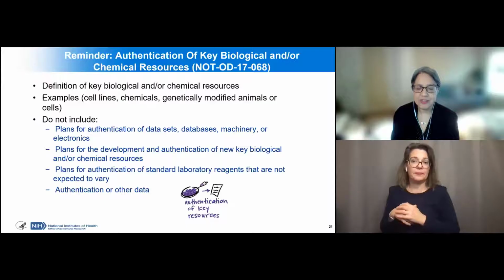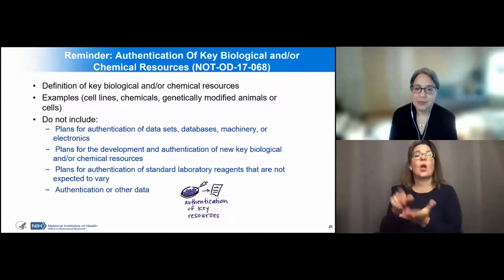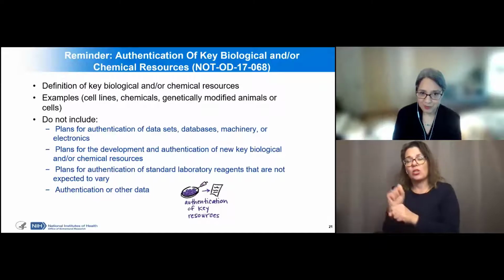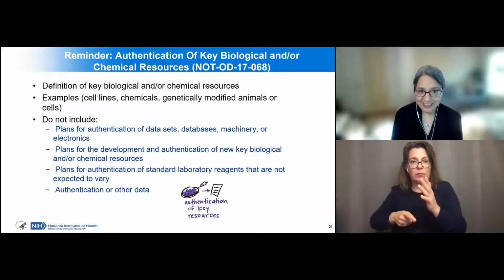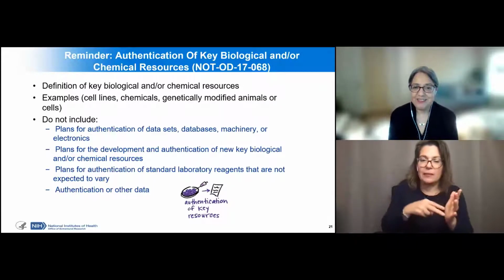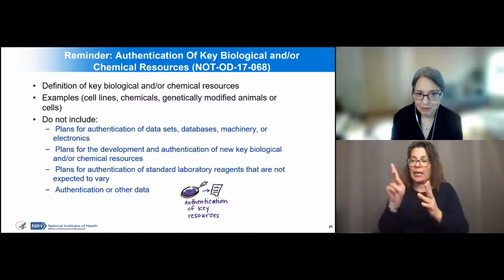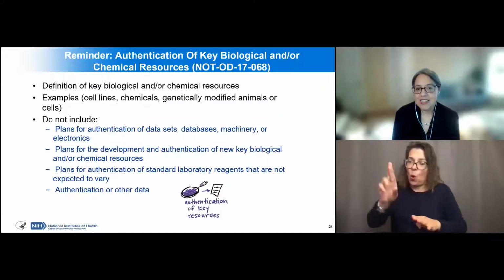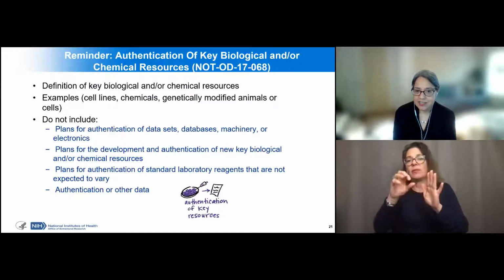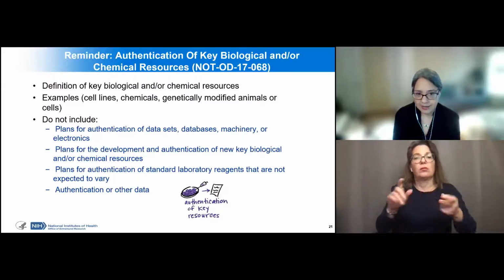Okay, so we did publish a subsequent reminder because we wanted to make sure that people understood what we are looking for here. We repeated the definition of key biological and or chemical resources and provided examples like cell lines, chemicals, and genetically modified animals or cells.